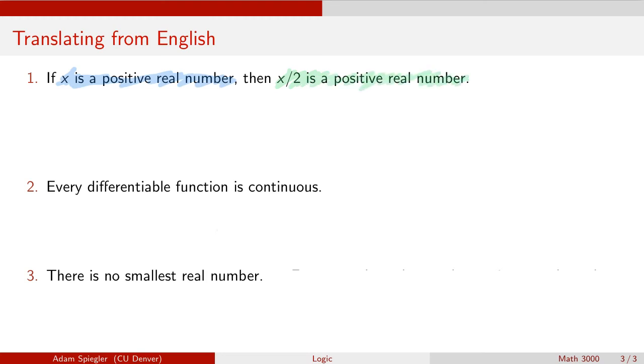So let's just translate each of those, and because we have a conditional statement, we would want to use the arrow indicating conditional. So I could write this, if x is bigger than 0, then x over 2 is bigger than 0. So that would be one way that we can write the conditional statement.